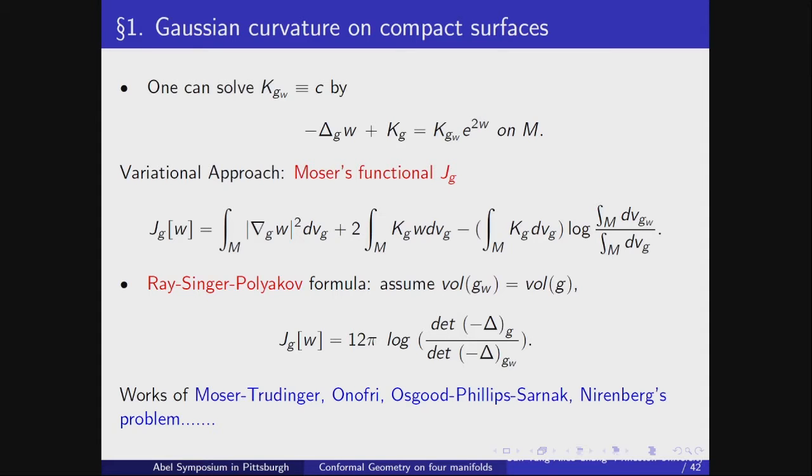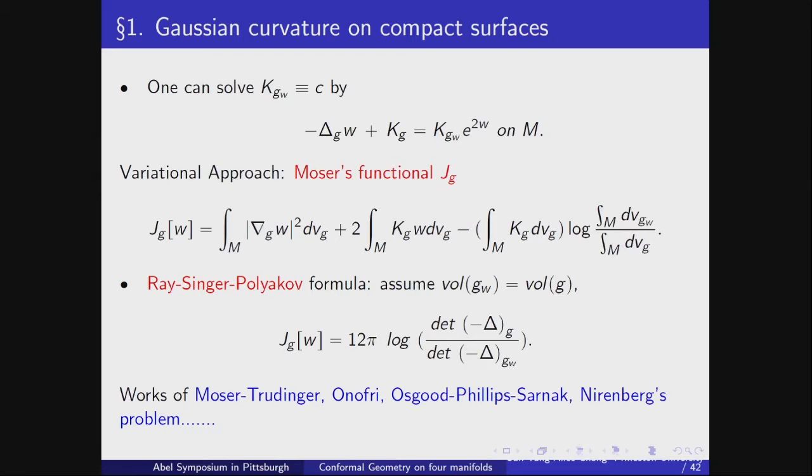The way to solve the Gaussian curvature problem is through the variational method, and there is a famous formula called Moser's functional, which is the functional of the energy of the gradient of W plus 2 times the Gaussian curvature times the mean of W, and then subtract a normalization of the quantity.